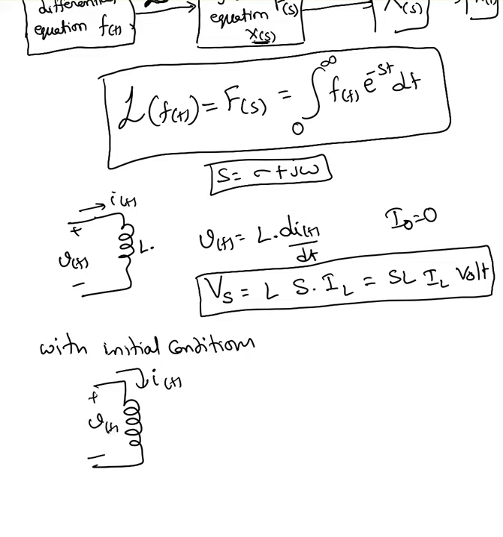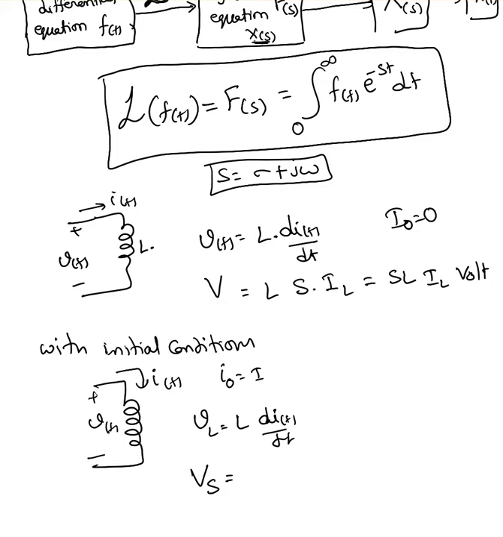So say there is some initial current I naught equal to I. Here VL is nothing but L times di/dt. When I convert this into S domain, since it is the S domain, it's probably a good idea to say VL of S, or VL.